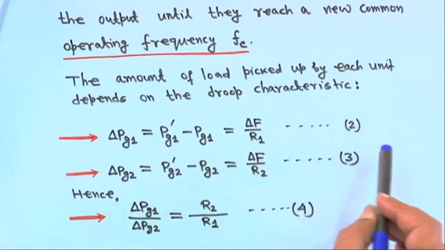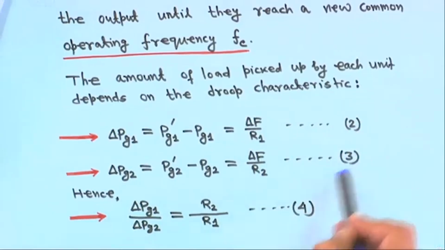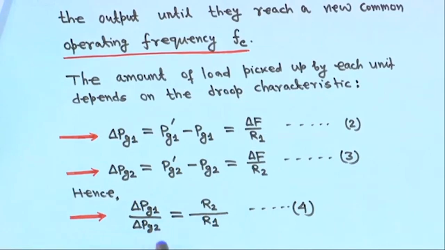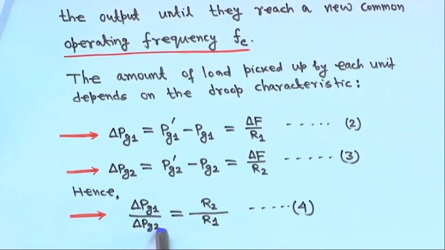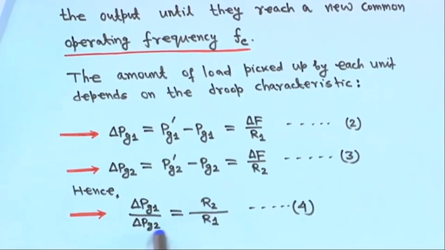Now, if you divide equation 2 by equation 3, you will get delta Pg1 upon delta Pg2 is equal to R2 upon R1. That means the generation sharing is inversely proportional, because delta Pg is inversely proportional to the speed regulation parameter. That is, delta Pg1 R1 is equal to delta Pg2 R2.